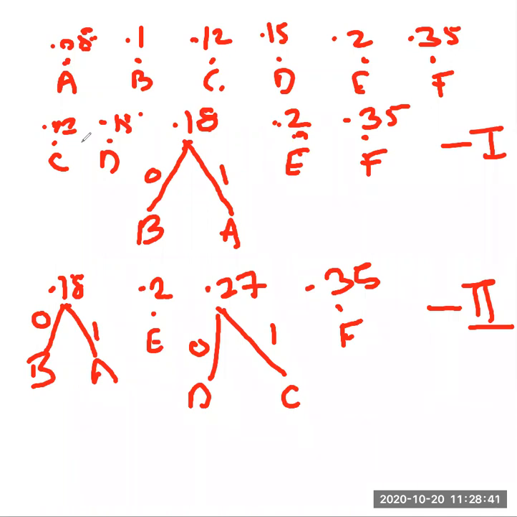I'll clear this. In step 3, again take the smallest ones. The smallest will be 0.18 and 0.2. These two will be the smallest. 0.18 plus 0.2 will give me 0.38.